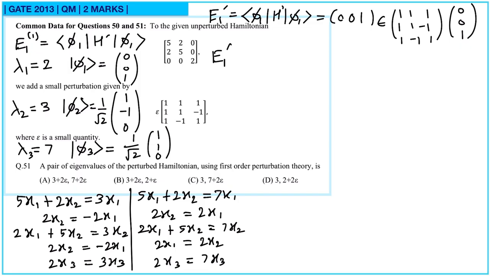So E1 dash is equal to 0, 0, 1, epsilon, and this will be 1, 1, 1, 1 only. So multiply this 1, then we have minus 1 and then 1.